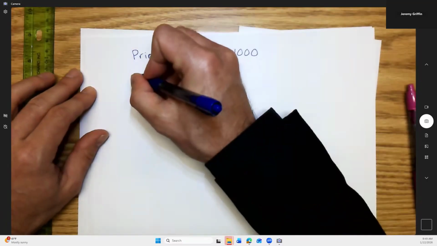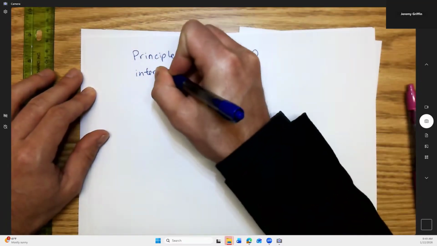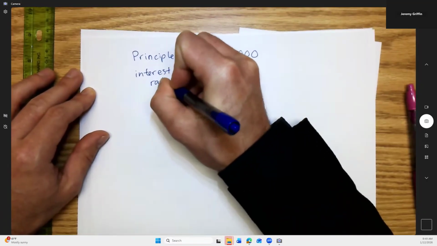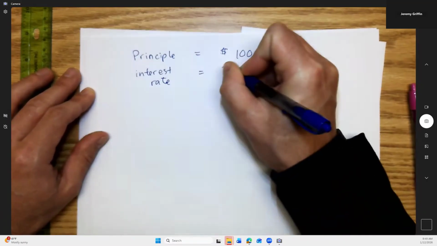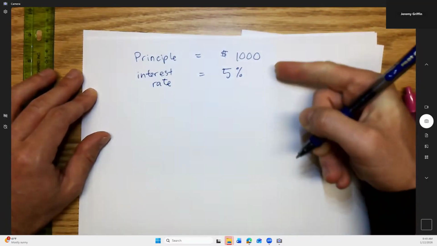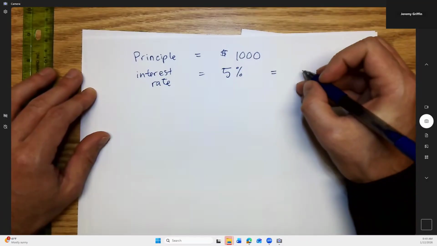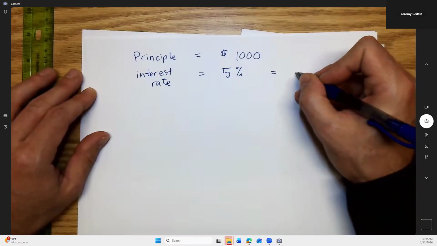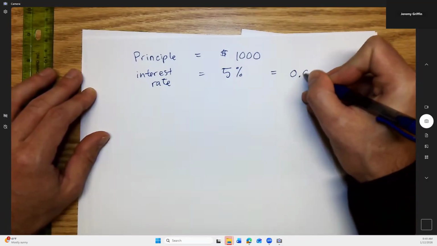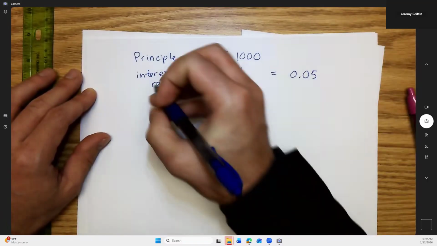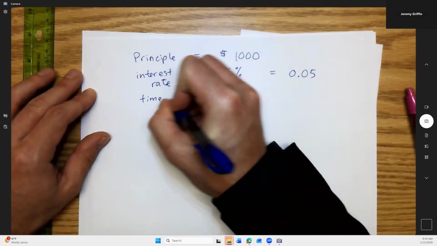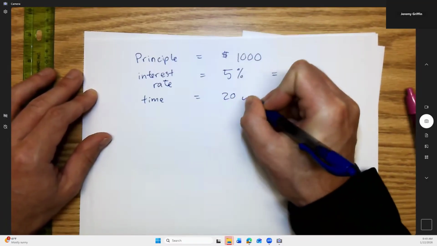Okay. Let's say the interest rate is 5%. Now, guys, as a decimal for the calculator, what's the number you actually plug in for the interest rate? Yeah, 0.05 for 5%. And let's say the time you leave this in the bank is 20 years.